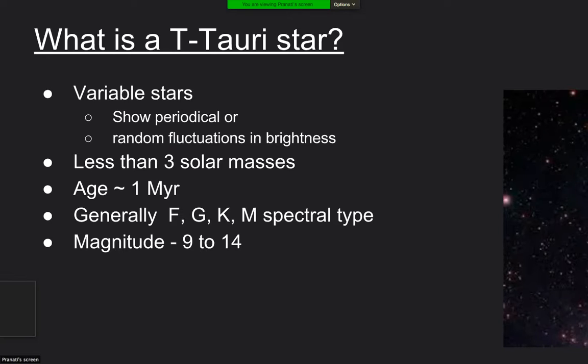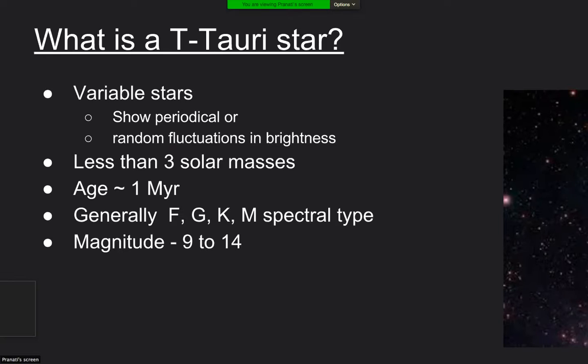Depending on the mass, you can have them in a pre-main sequence phase, defined as a T Tauri star, for up to 20 million years. That is a natural contraction time for an M type or a K type star. The contraction will take longer to be finalized in a main sequence phase.